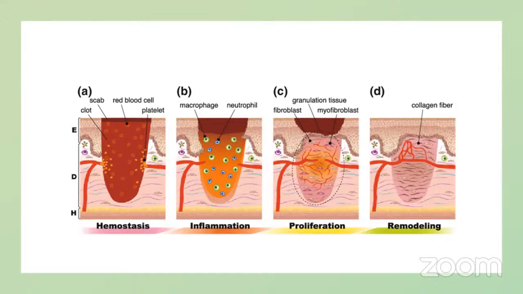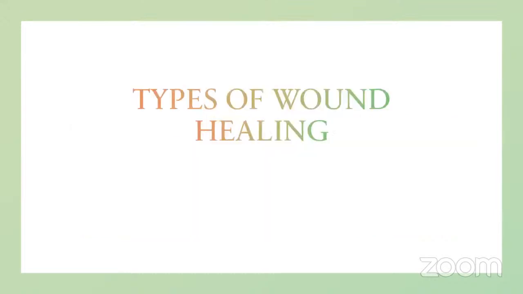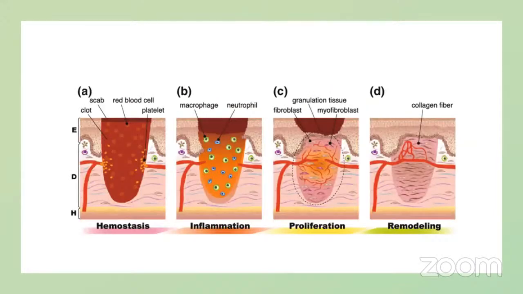The structural regeneration has completely happened in the remodeling phase. These are the 4 steps of wound healing. Once a wound is formed, the body has to go through all these 4 stages. But it will vary from tissue to tissue. But in general, we can say these are the 4 steps of wound healing.